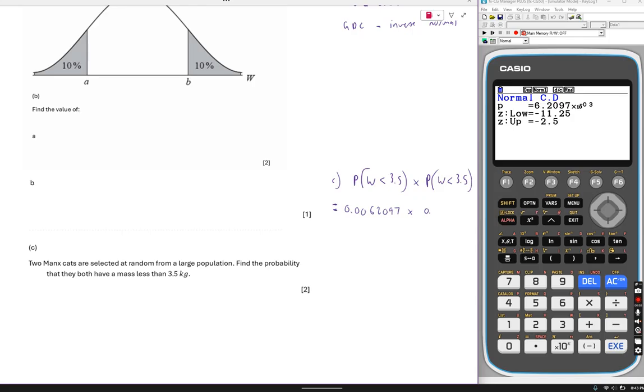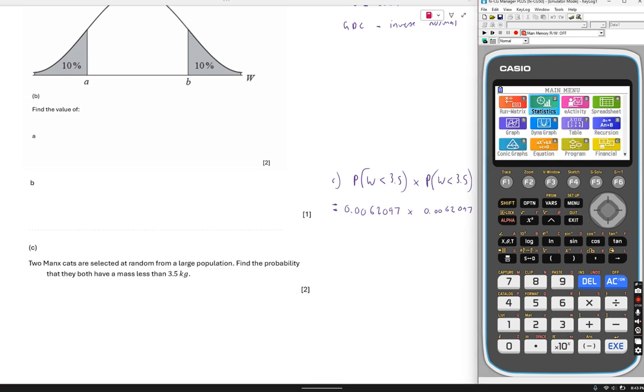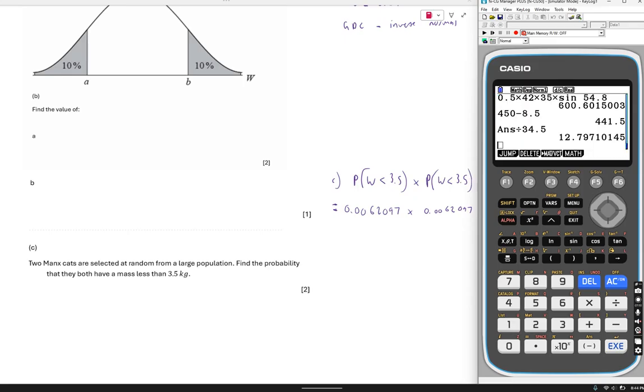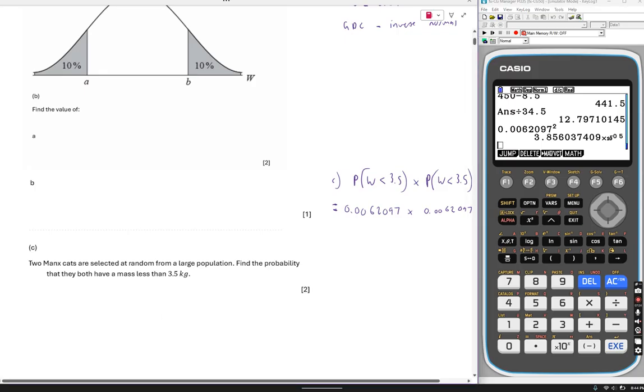So multiplied by 0.006297. Now let's get an answer for that. We can just do it squared because that's the same thing. And we get that as a number.